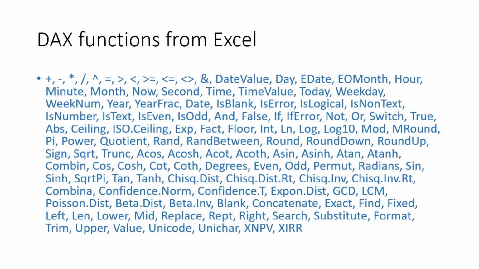Okay, since we talk about Power BI, the DAX programming language is inspired by three major predecessor languages. So let's look at where the individual DAX functions come from. There is a big set of functions we directly got from Excel.